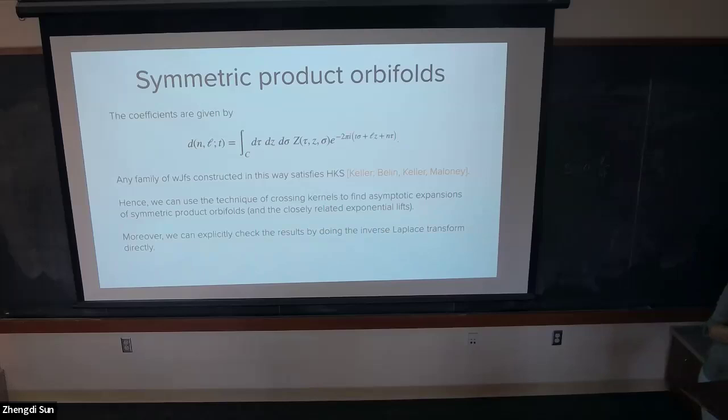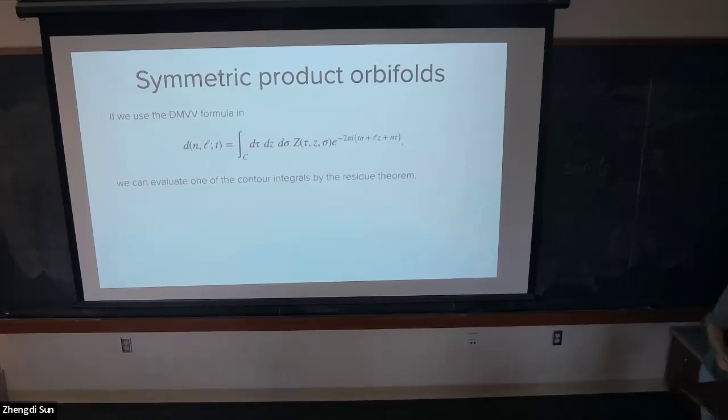Moreover, we can explicitly check the results that we got using the crossing kernels by computing this contour integral directly. And the way that you do that is to insert this DMVV formula, so this product structure in this equation. So instead of Z, you write this product of 1 over 1 minus e to the blah, blah, blah.